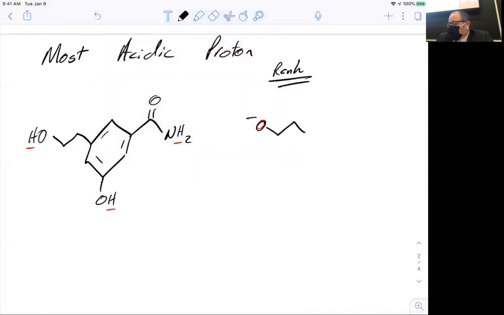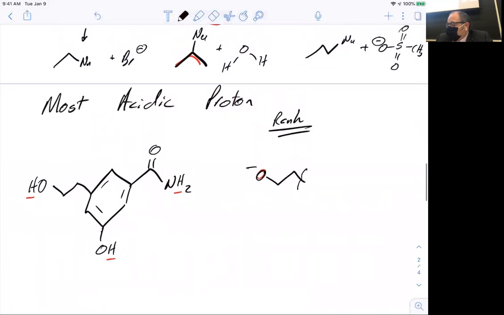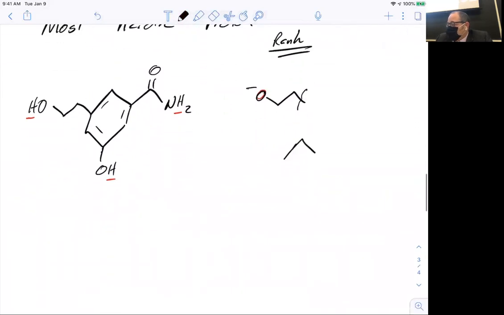So this is the conjugate base there on the bottom one. This is the conjugate base.